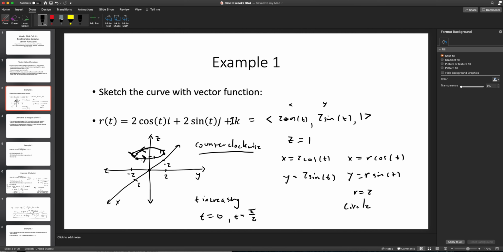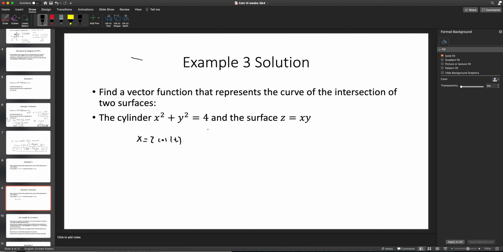We want to parameterize this: x is 2 cos t, because this is basically a circle of radius 2, y is equal to 2 sine t, and then what is z? z is x times y, so what is that? That's 4 sine t cos t.